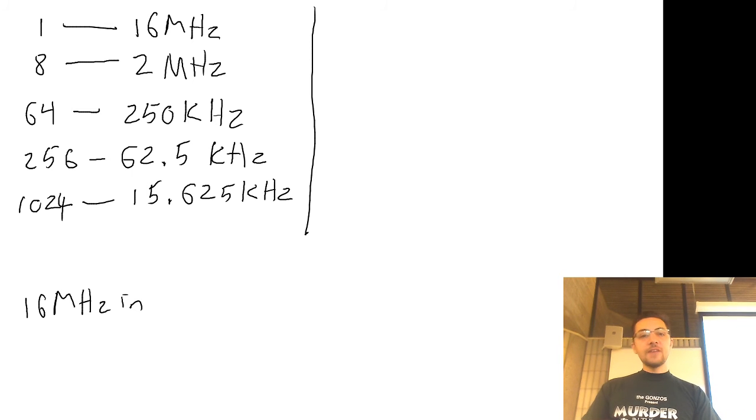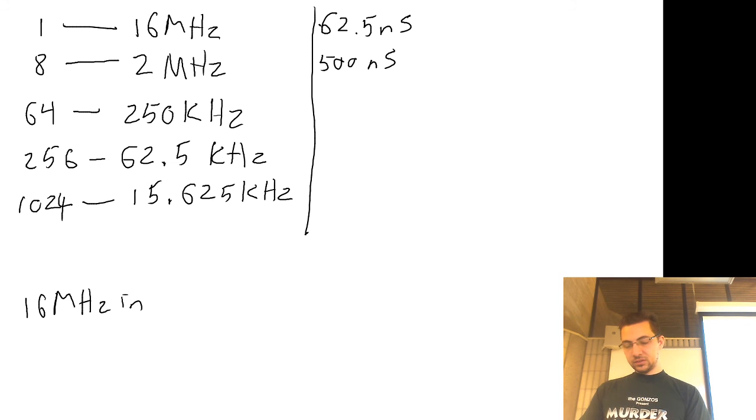We know that 16 megahertz is 62.5 nanoseconds. 2 megahertz, 1 divided by 2E6, is 500 nanoseconds. 250 kilohertz gives me 4 microseconds. 1 divided by 62.5 kilohertz is 16 microseconds.